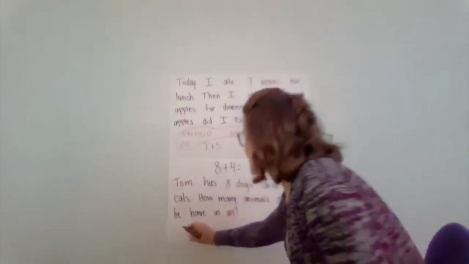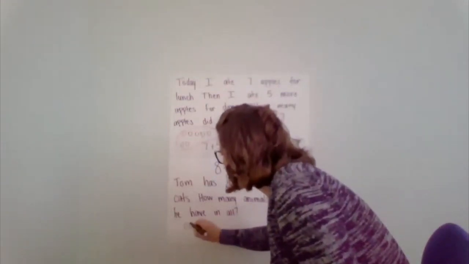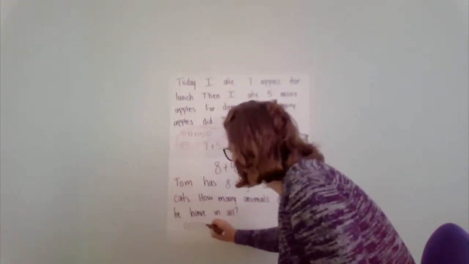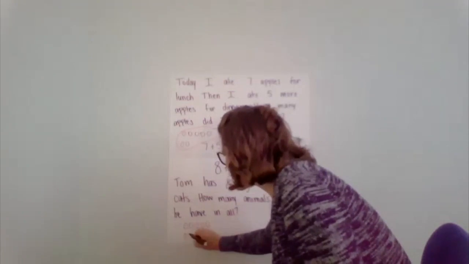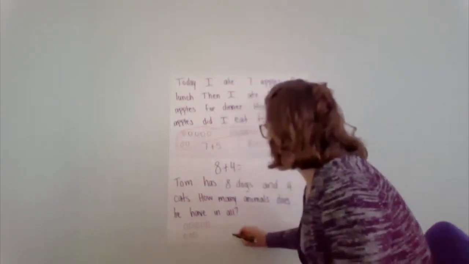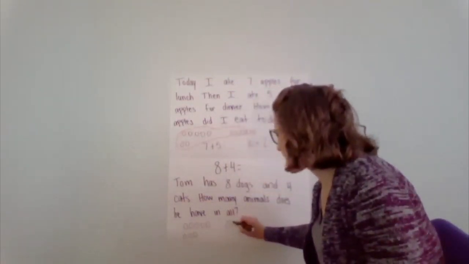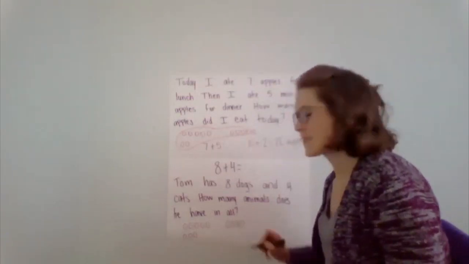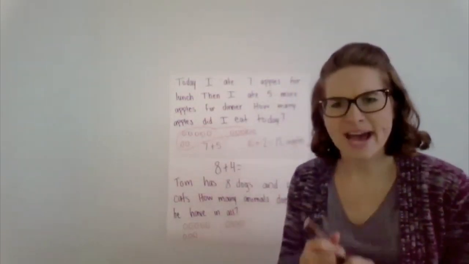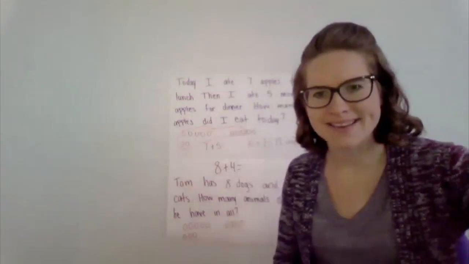So I'm going to draw 8 circles for the dogs. 1, 2, 3, 4, 5, 6, 7, 8, and 4 circles for the cats. Okay, let's see, how could I make 10?